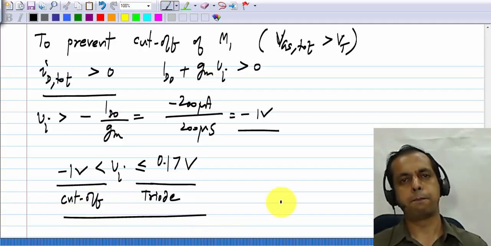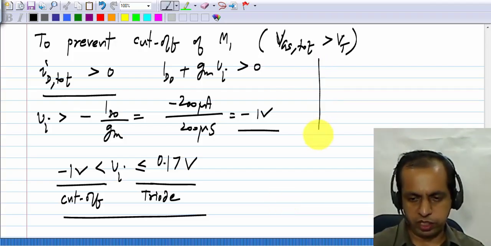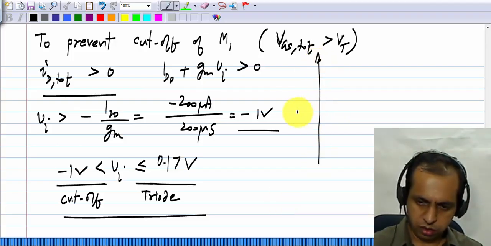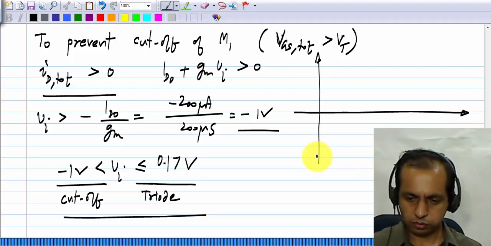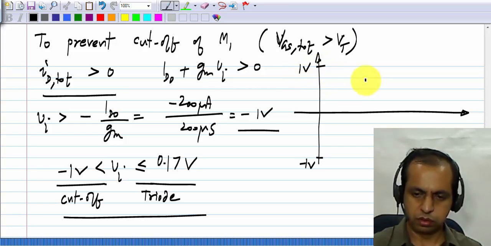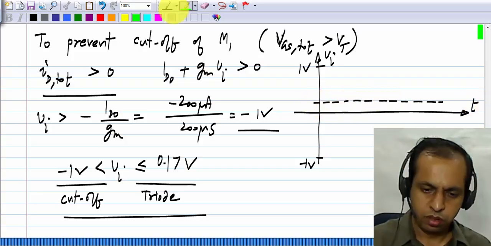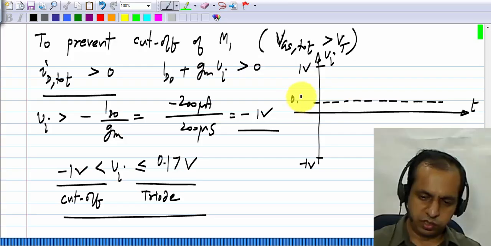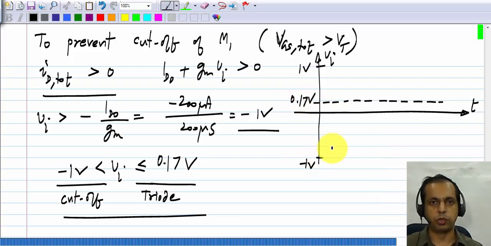So if I plot Vi, the limits are somewhere here. The upper limit is 0.17 volts and the lower limit is minus 1 volt.